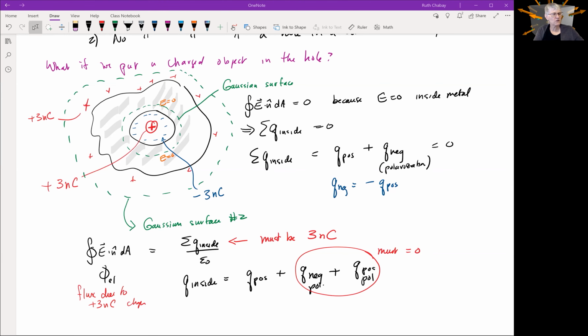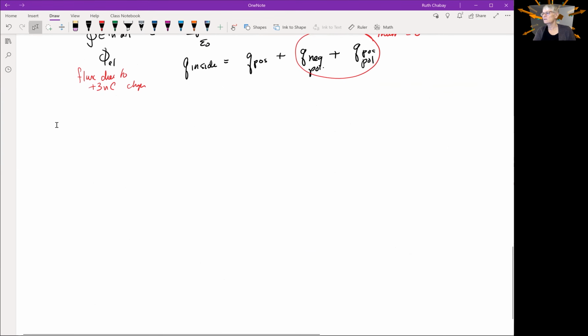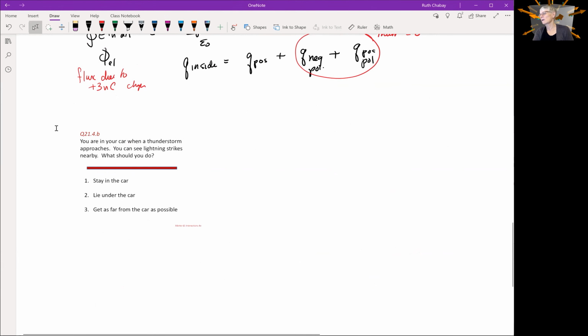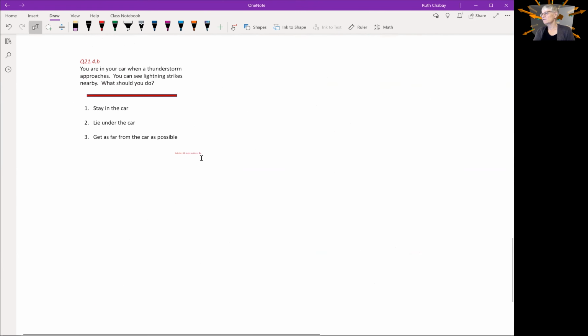So given our current discussion, let's consider a question here. Thinking about Gauss's law, let's see if we can answer the following question. You're in your car and a thunderstorm is approaching.